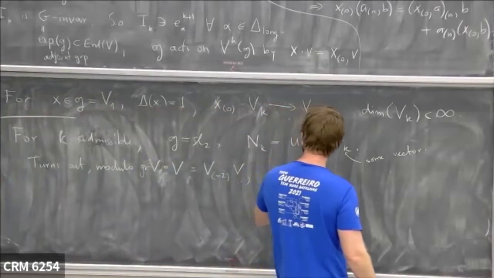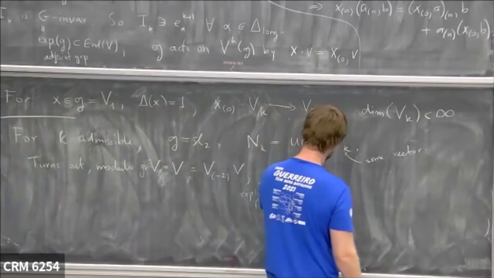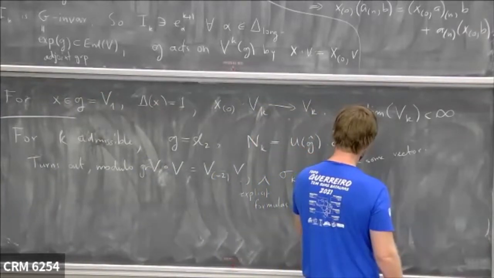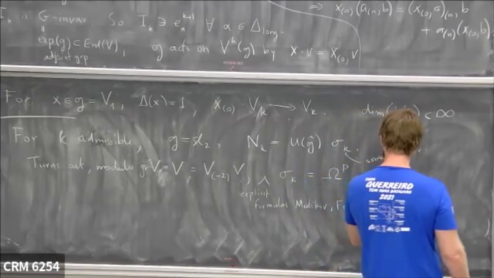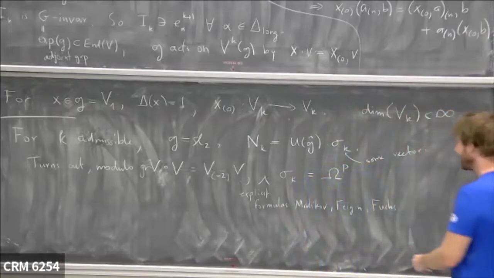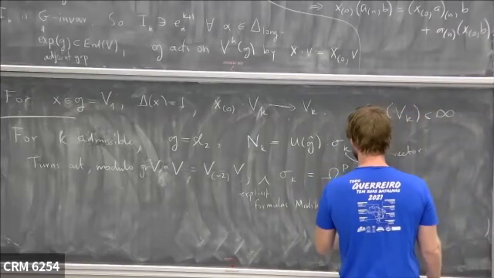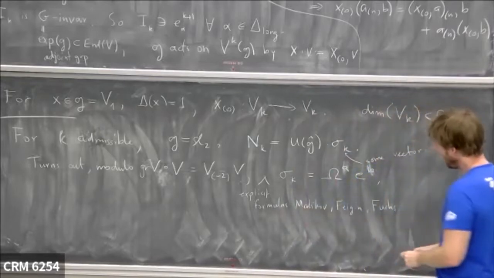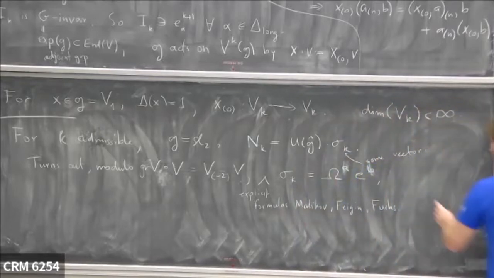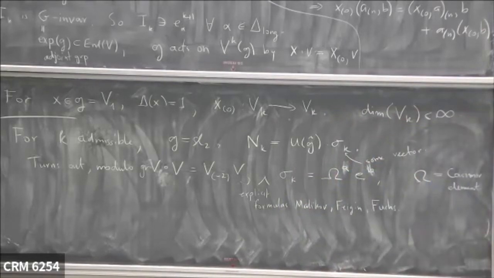And then using these explicit formulas, Malikov and Feigin, E to the Q. Actually, P and Q have nothing to do with it, so let's say A and B, where omega is the Casimir, or rather the image of the Casimir element in S of G.